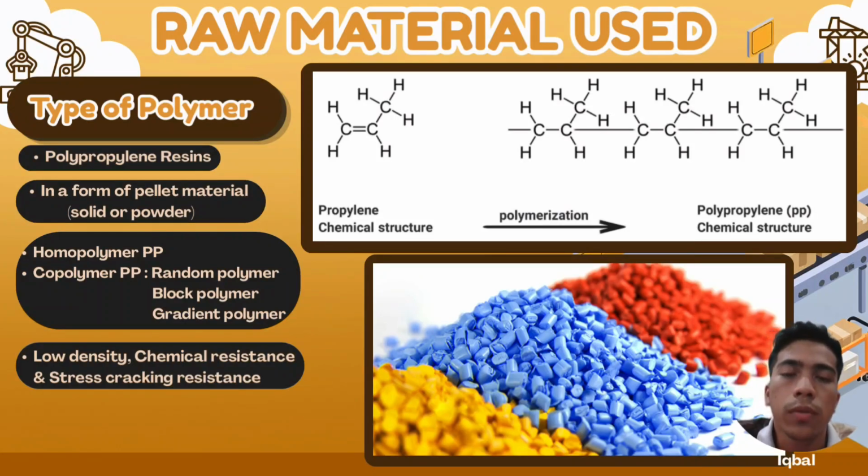One of the applications for these polypropylene resins is that they can be used in dentistry, cosmetics, and food packaging. The properties of this polypropylene are low density, chemical resistance, and very high stress cracking resistance.